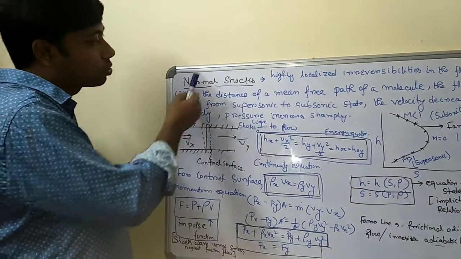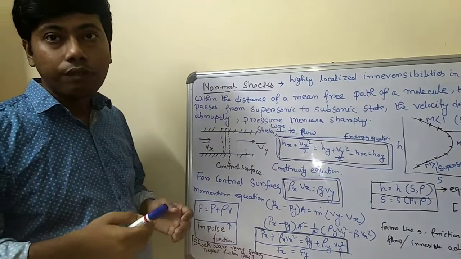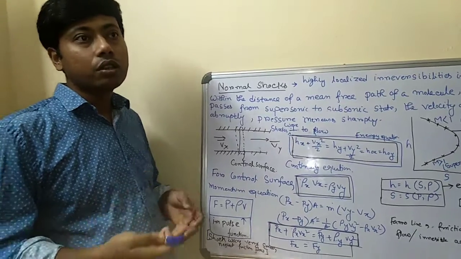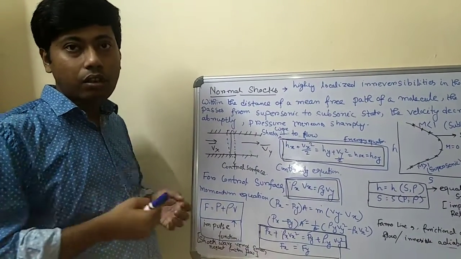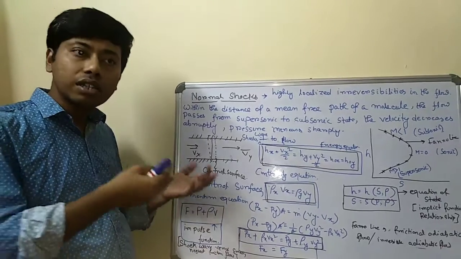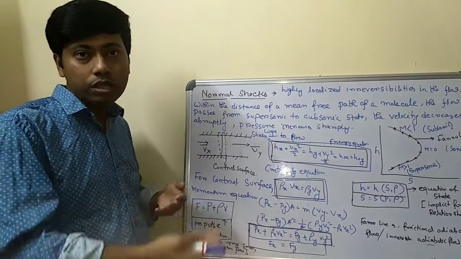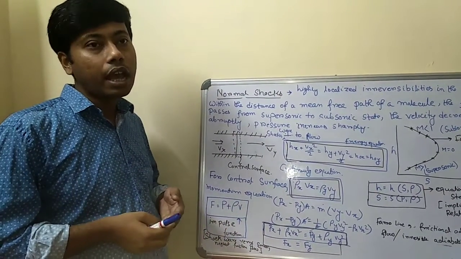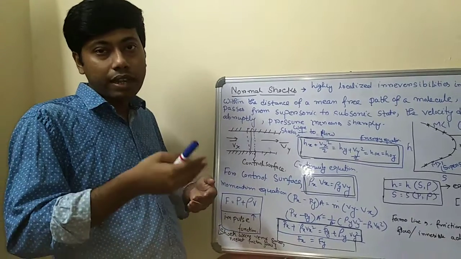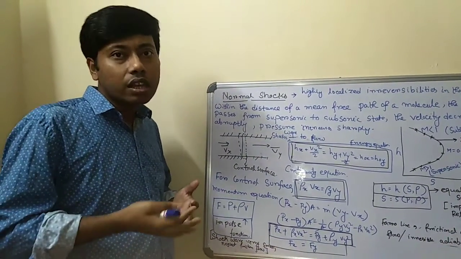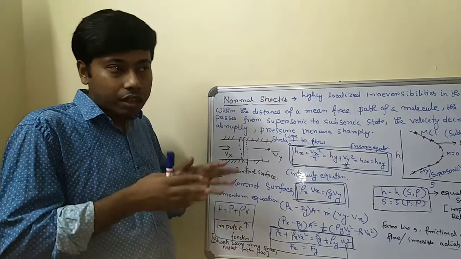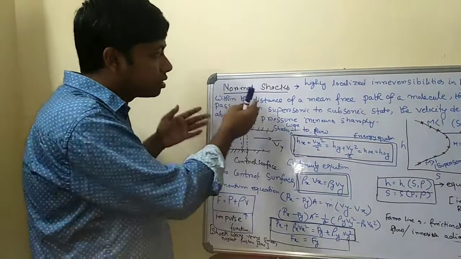An oblique shock is a shock in which, when the fluid flows through a convergent divergent nozzle or a convergent nozzle, the shock wave front produced is oblique to the direction of flow. Now we are going into the details of the normal shock.